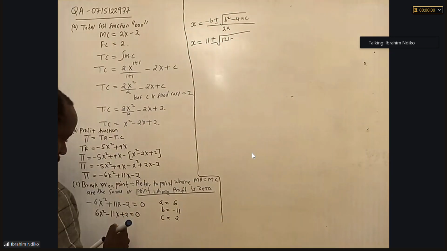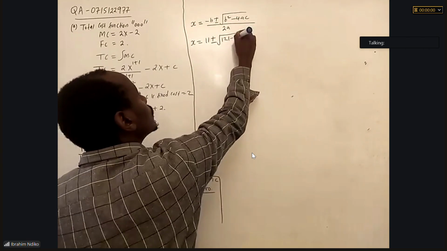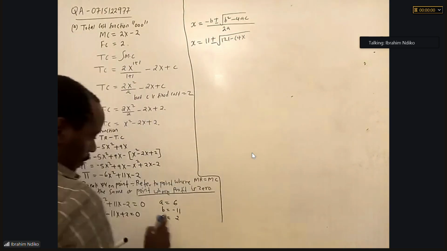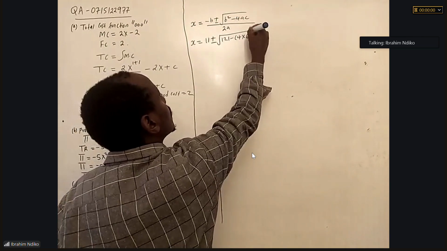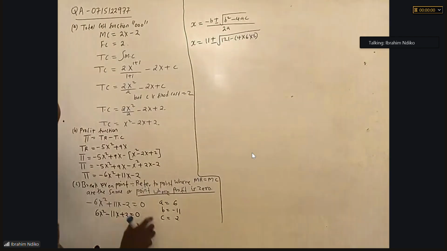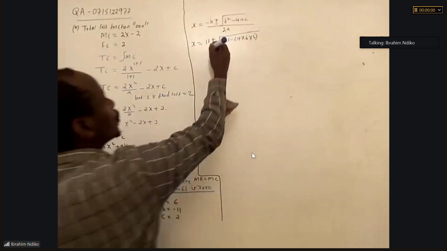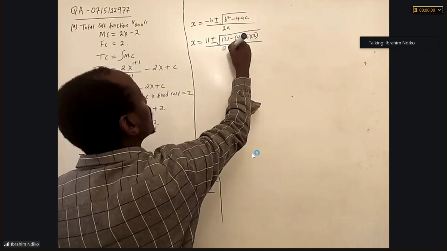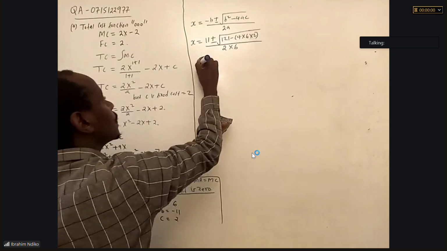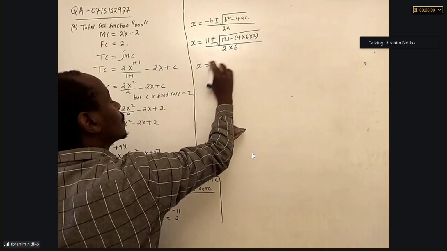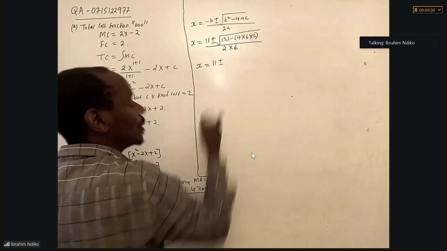Then 4 times a, which is 6, times 2. So 4 times a times c over 2a, 2 times a, 6. It equals 11 plus or minus.